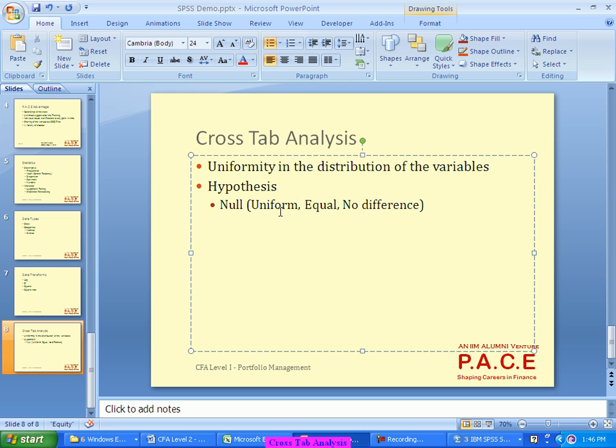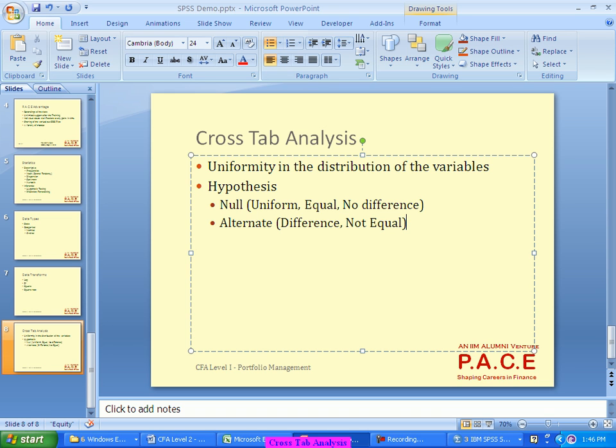Anything which has a word like equality or uniformity or no difference goes as part of my null hypothesis. And when it comes to the alternate, there is a difference. Difference, not equal, less than, greater than, these kinds of words, which are exactly opposite to the null hypothesis.